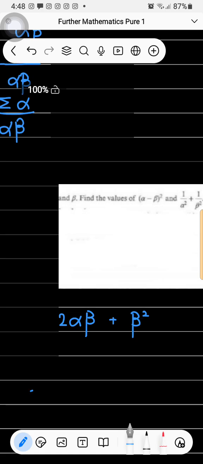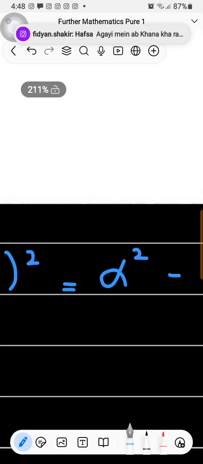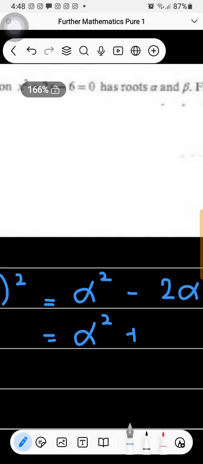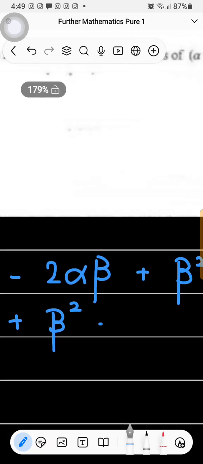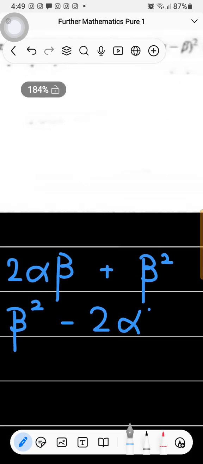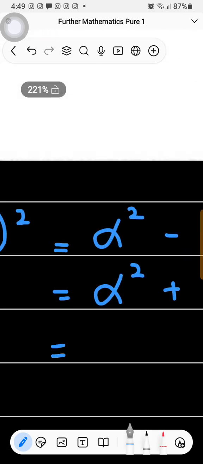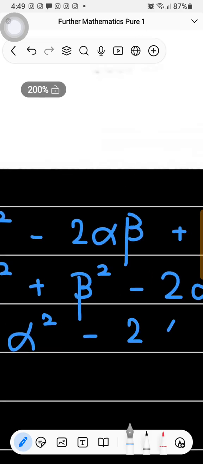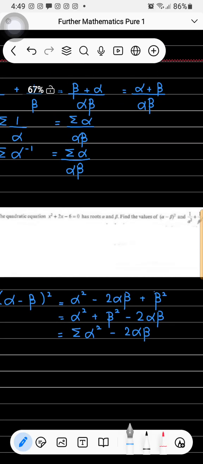Then we can get our formula: alpha square plus beta square minus 2 alpha beta. So we are with our formula: sum of alpha square minus 2 alpha beta. This is our formula to do this part.